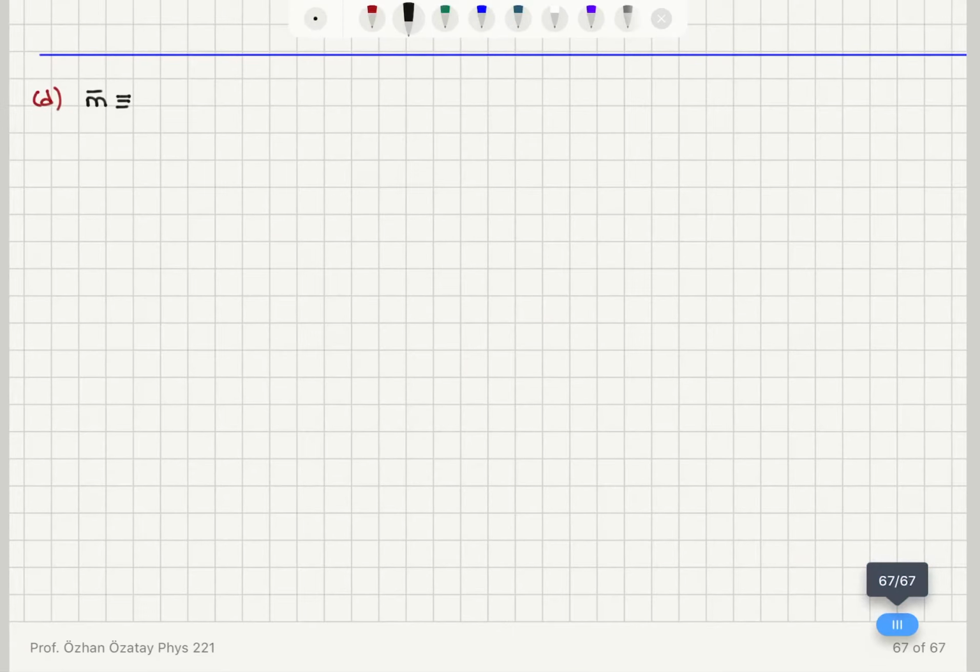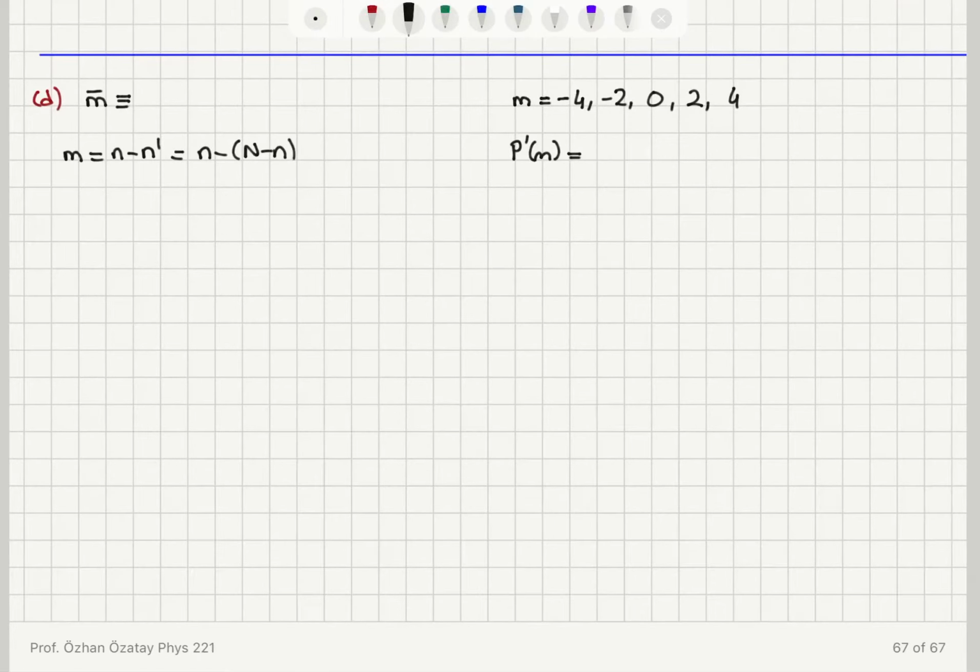For convenience, let's write down these possible m values here again: -4, -2, 0, 2, 4, with the corresponding probabilities of m values. At this point, I remind myself that m is n minus n prime, or n minus (N minus n), so that is 2n minus capital N, and therefore the probability of having an m value is equal to the probability of having an n value. They are the same thing.